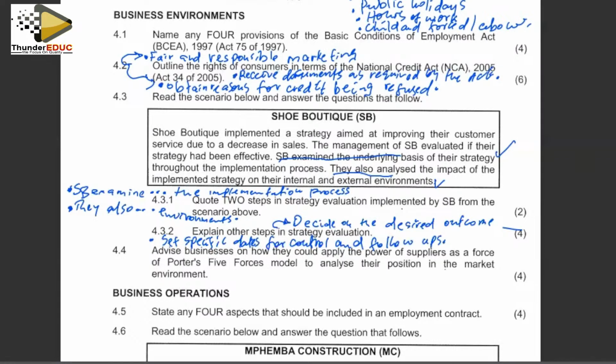Okay, so now we're saying that other steps to be considered. So now businesses must decide on the desired outcome, and also they must set specific dates for control and follow-ups. So now let's check 4.4.